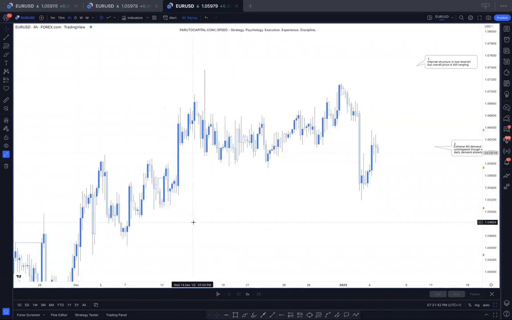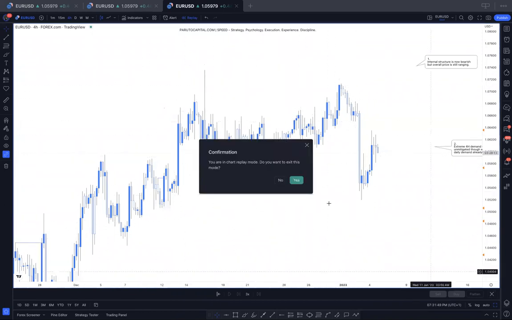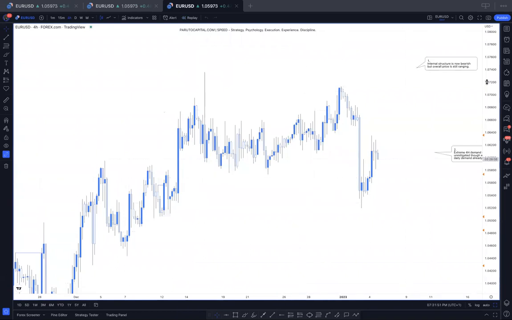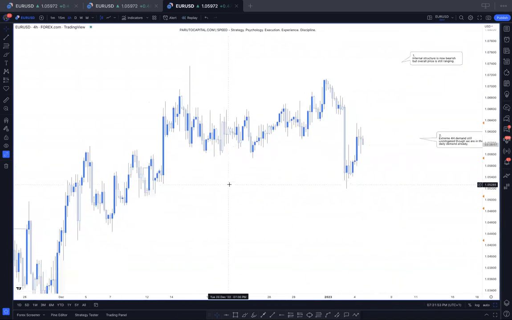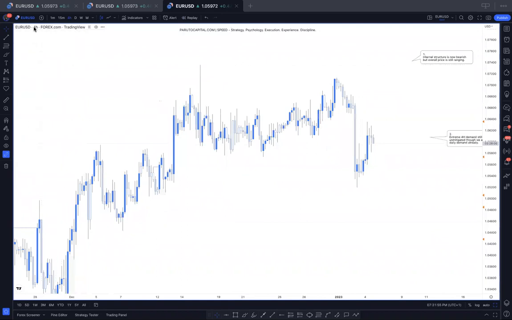When you open your TradingView chart, you'll see the same thing I have here, because this is the same setup. So this is the same setup you're definitely going to see on the 4 hour for Euro Dollar, right? I also mentioned that I only trade the Euro Dollar, and that's for a reason. When I started trading, I was trading lots of pairs, but I was basically getting nowhere.